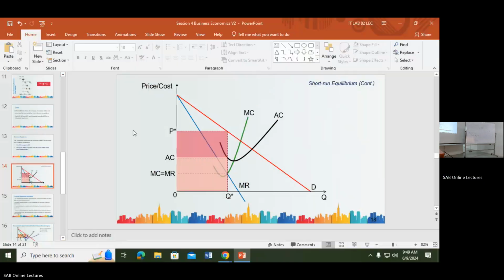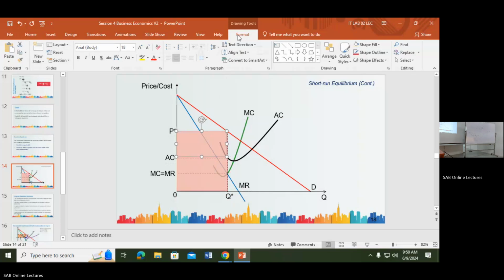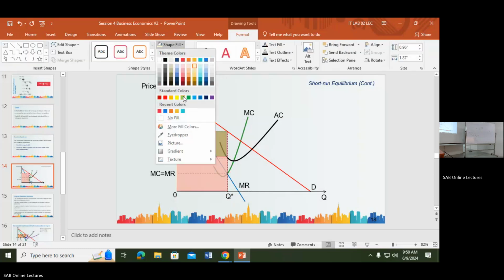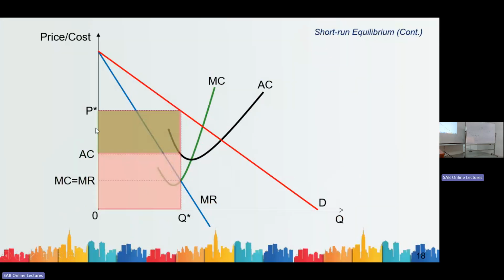So this area will be the profit: total revenue minus total cost, and the remainder is total profit.